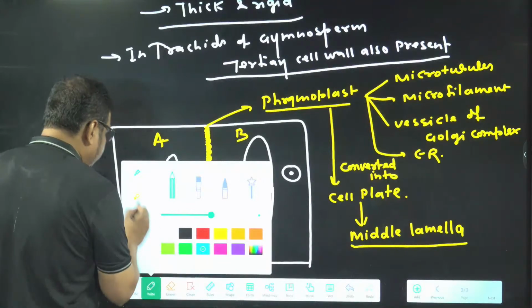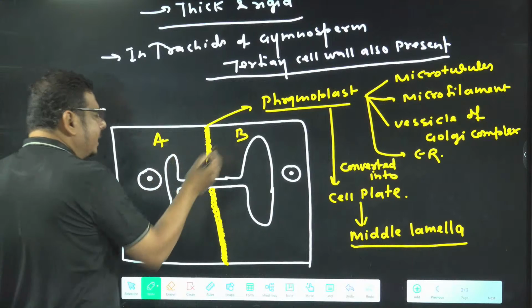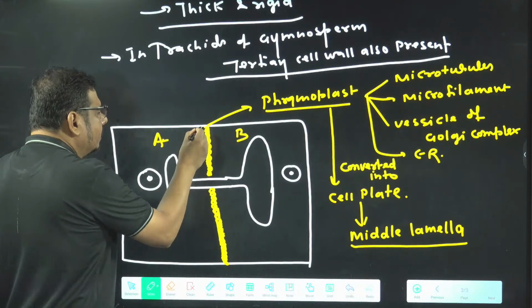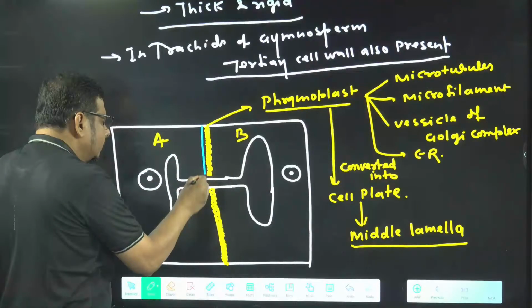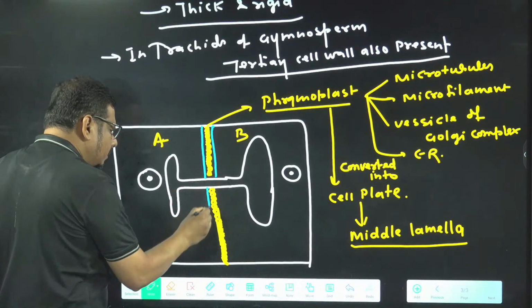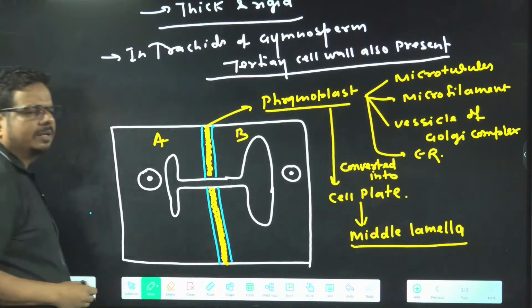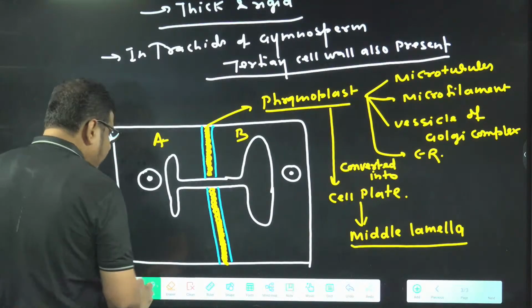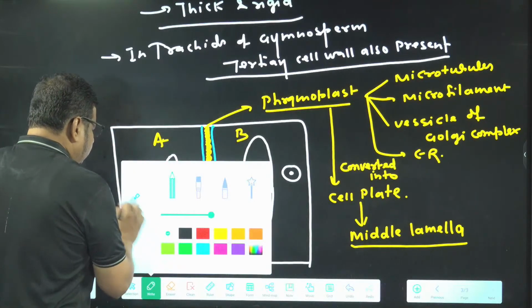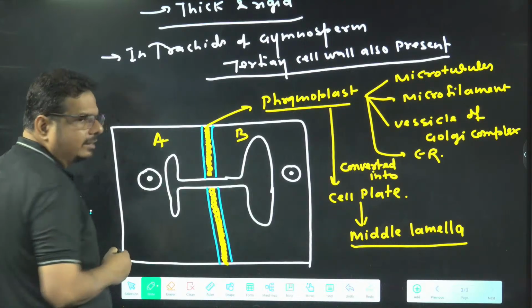Now what happened? Both sides, inside A and inside B, formation of what occurs? Primary cell wall. This side primary cell wall, this side primary cell wall. Are you getting the idea? As long as the cell remains meristematic, only primary cell wall is there.